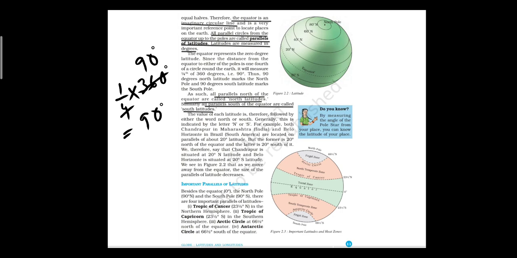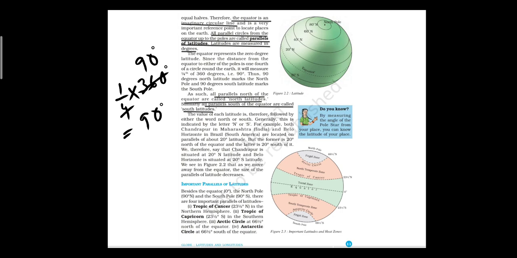So north latitude and south latitude is clear. Now we will move on to the next paragraph. The value of each latitude is therefore followed by either the word north or south.